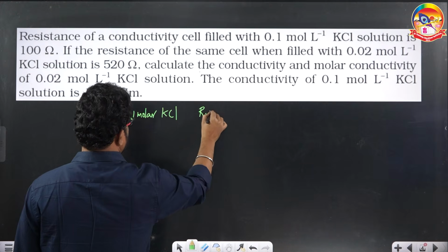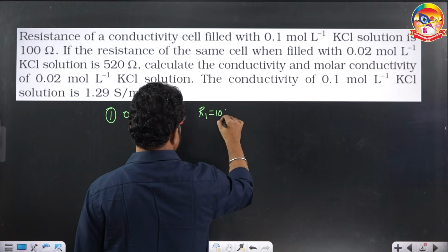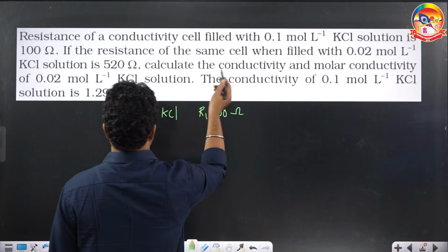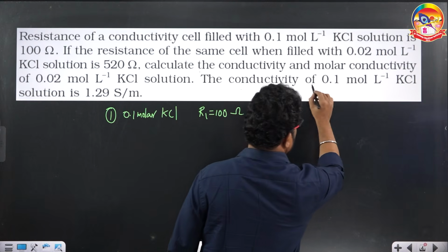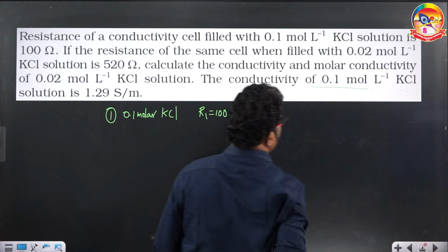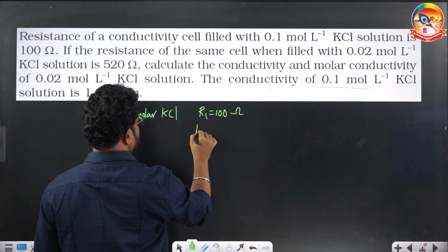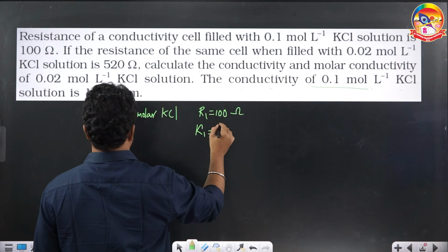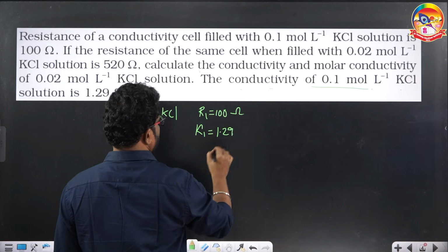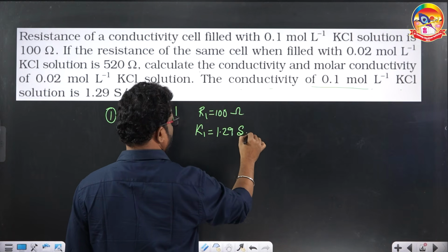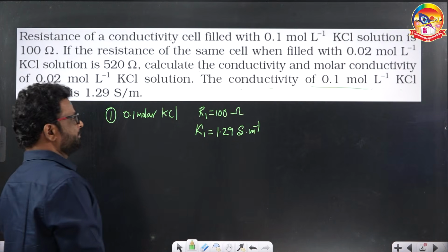For this, resistance given is 100 ohm, and for the same solution, the conductivity of the same 0.1 molar KCl solution is 1.29 Siemens per meter. That means Siemens meter inverse.